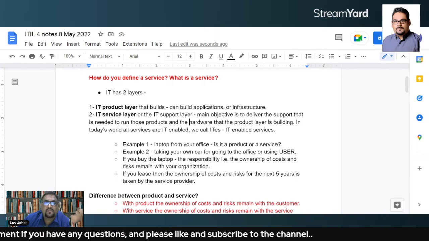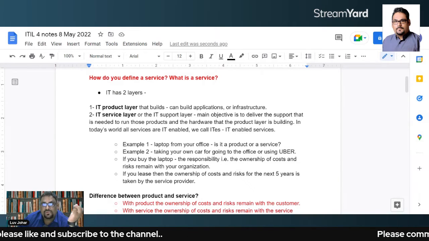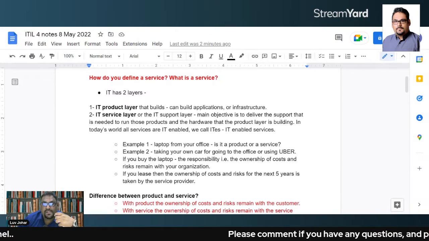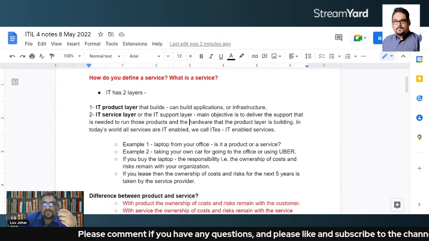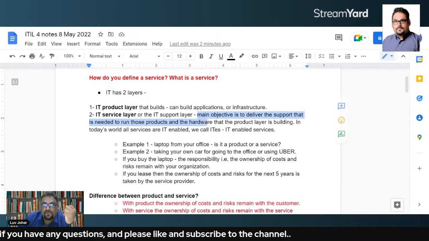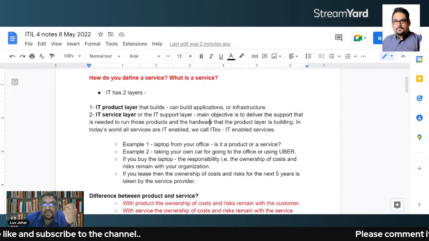Its main objective is support, because it has to ensure that it is providing support to all the infrastructure and all the applications being created. The main objective is to deliver the support needed to run the products and the hardware that the product layer is building.